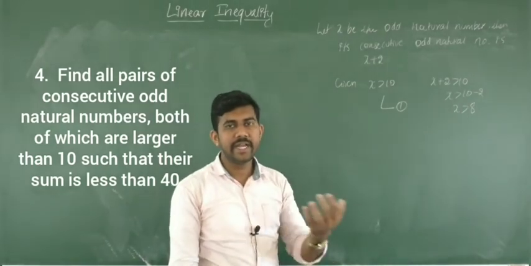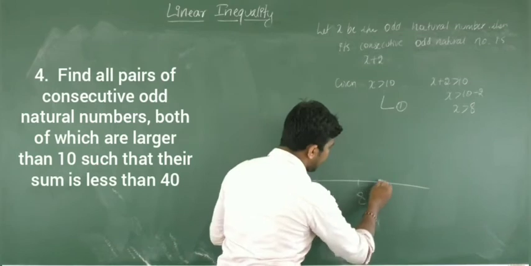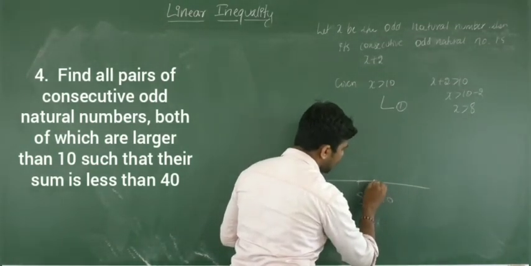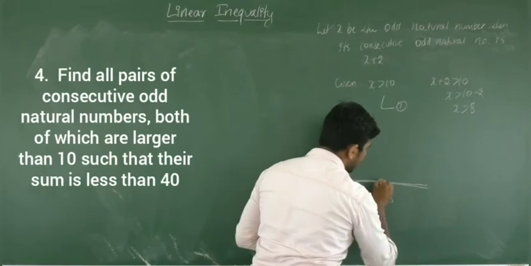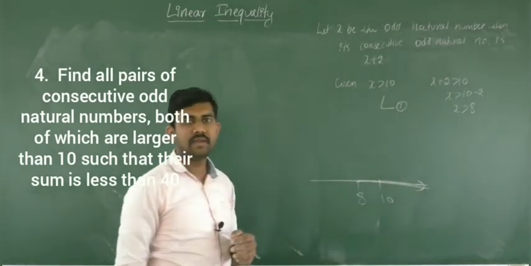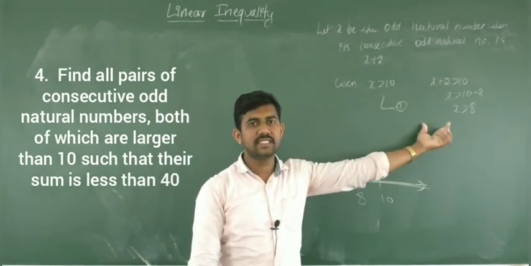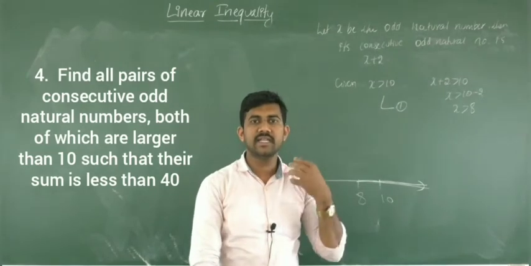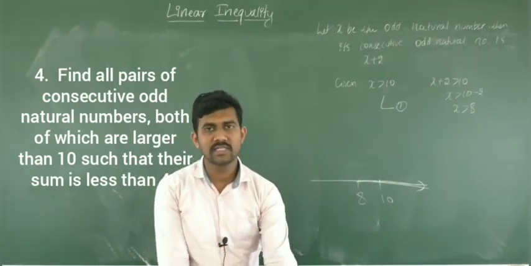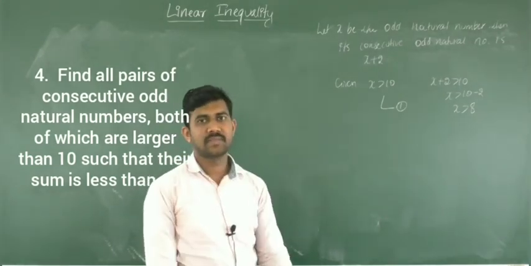Greater than 8. Again, on the number line, 8 and 10, it increases from 8, goes to 10, and again it increases. So if I take greater than 10, it is obvious. If x is greater than 10, x is greater than 8. If you consider x greater than 10, obviously it is greater than 8. So I'll consider the first condition as x is greater than 10.